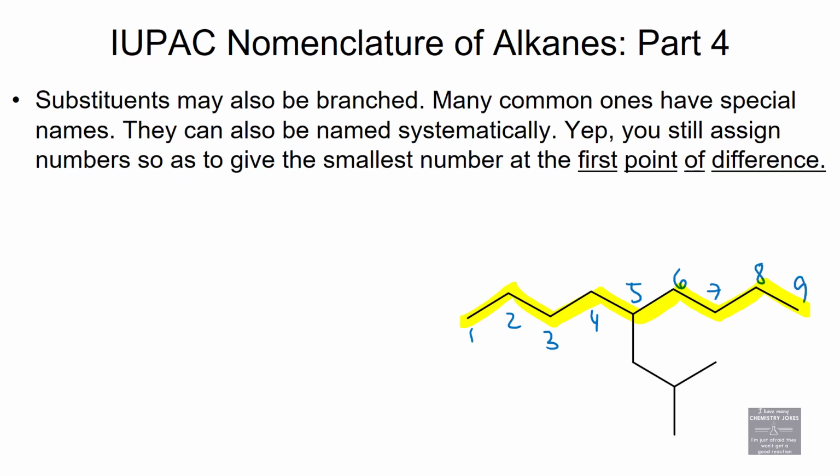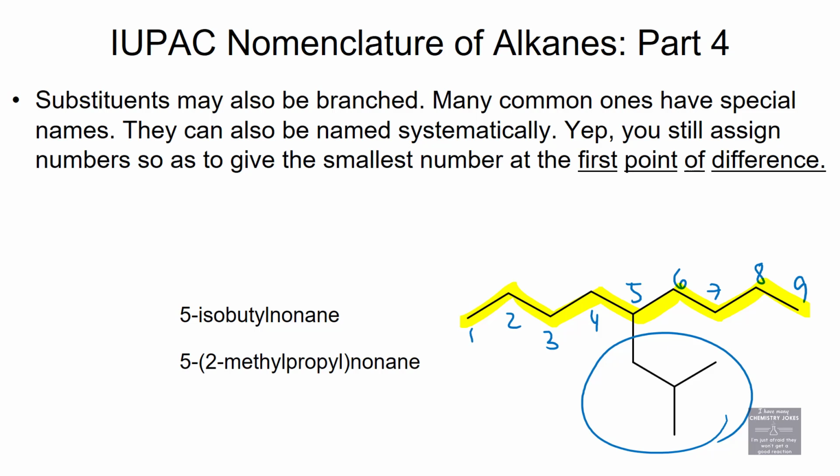This one had 1 branch. You could number it either way. It doesn't matter. But I think it's worth pausing for a second to say, what is that group? That group could be named an isobutyl, giving it this name. Or it could be named a 2-methylpropyl.